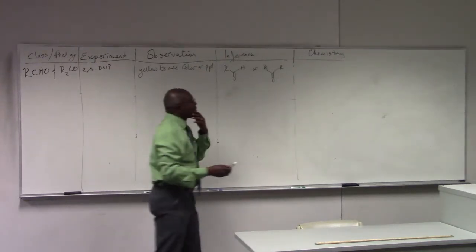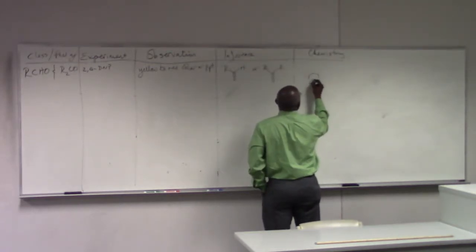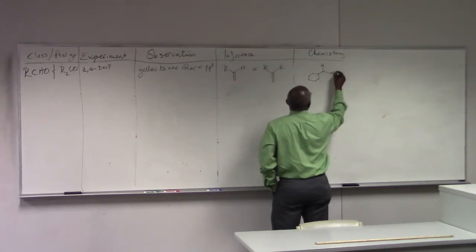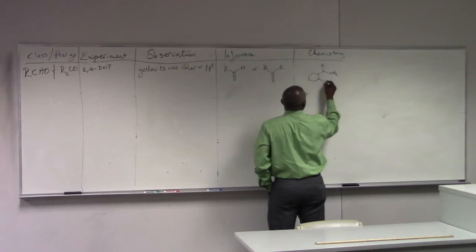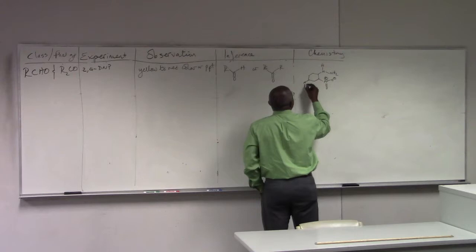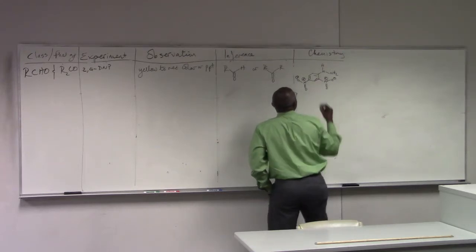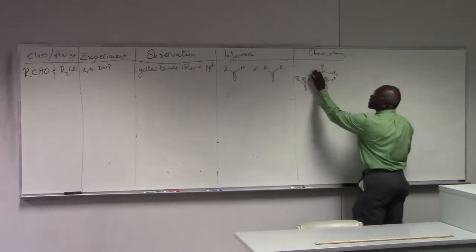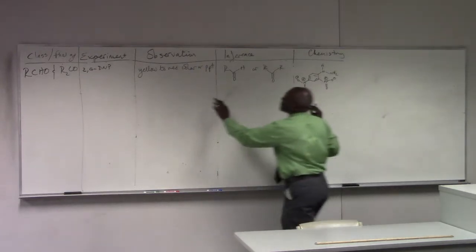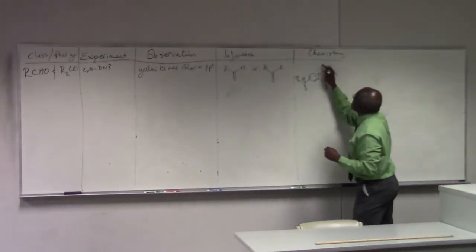What's the chemistry? So 2,4-DNP is 2,4-dinitrophenylhydrazine.